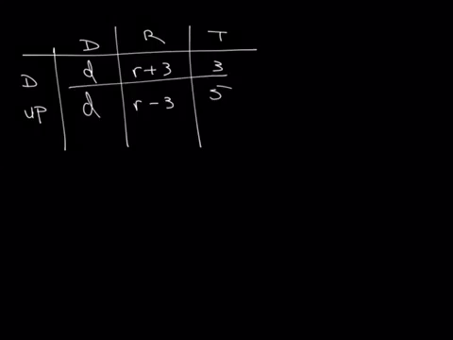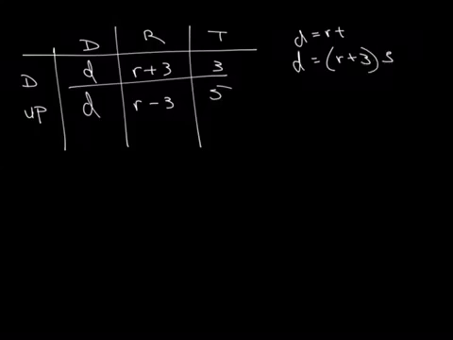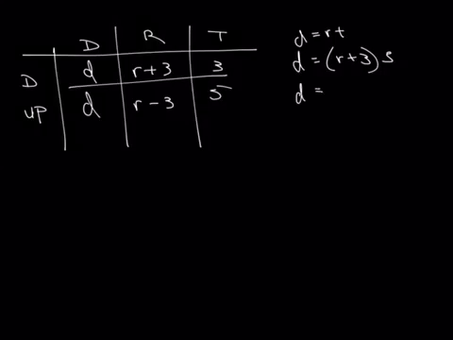So what do we know about distance? Distance equals RT. So distance equals R plus 3 times 3. And down here, distance will equal R minus 3 times 5. There. So there are our two equations.